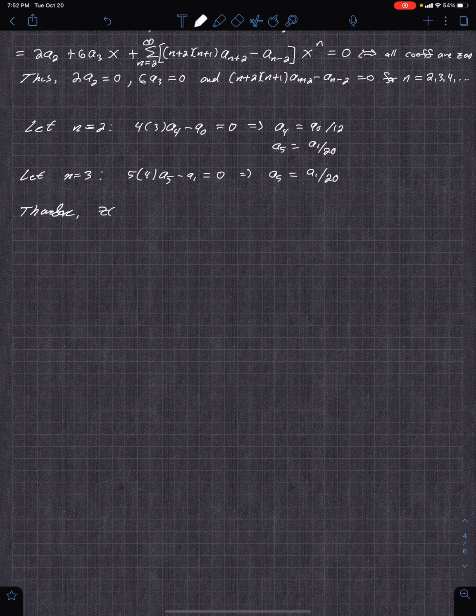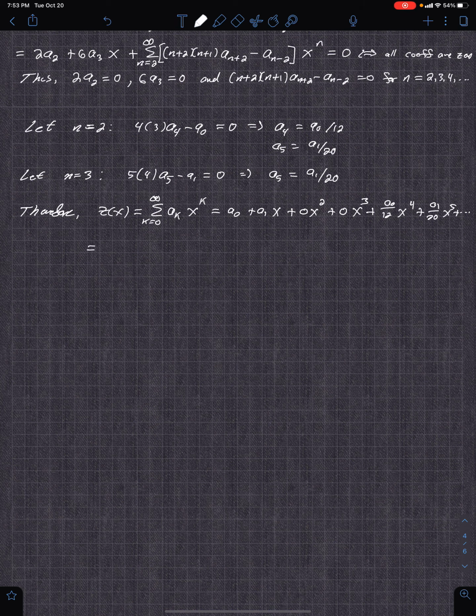So now we have z of x equal to the sum as k goes from 0 to infinity, a sub k, x to the k. So it's a naught plus a1x plus 0x squared plus 0x cubed plus a naught over 12 x to the 4th plus a1 over 20 x to the 5th, and then we continue in that pattern.